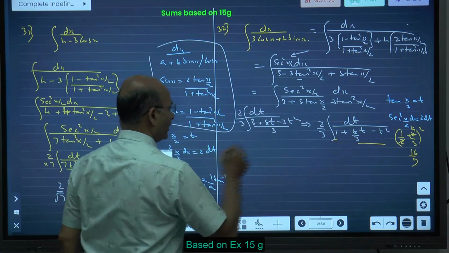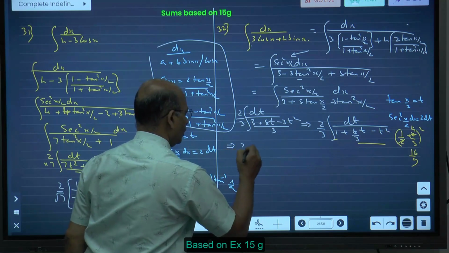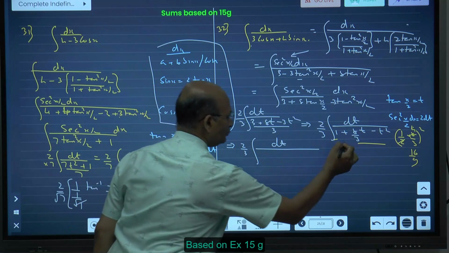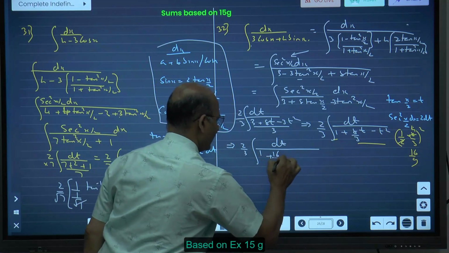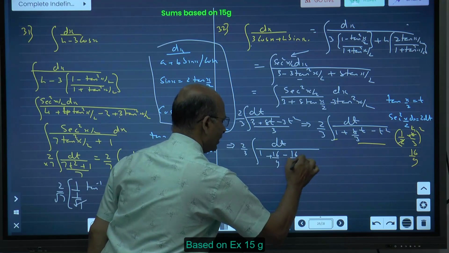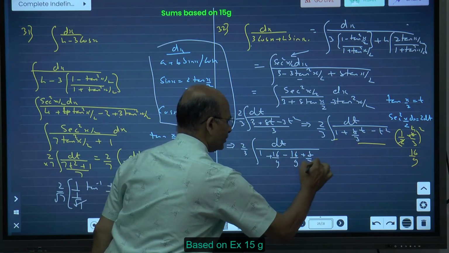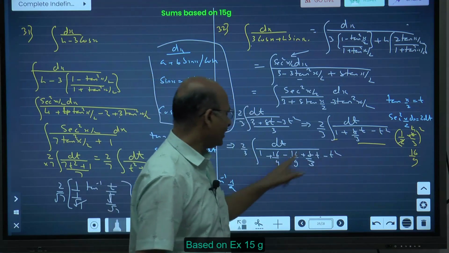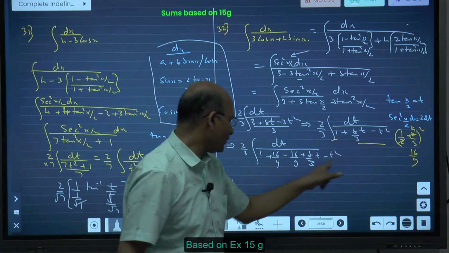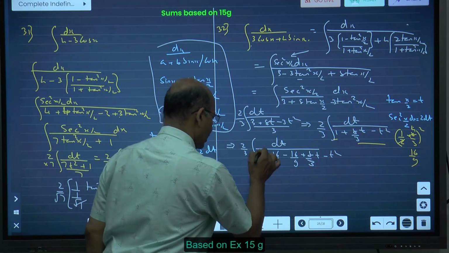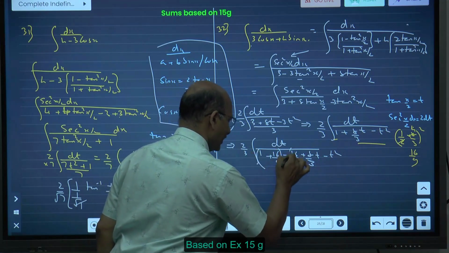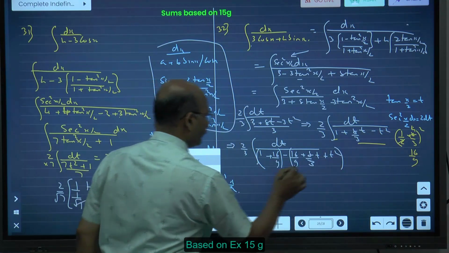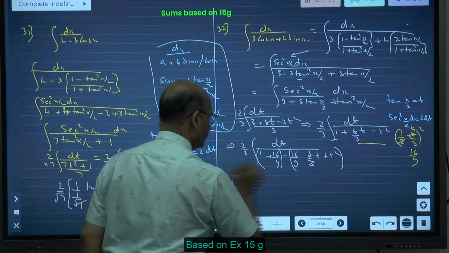So let us see quickly what happens now, which is equal to 2 by 3 dt upon 1 plus 16 by 9 minus 16 by 9 plus 8 by 3t minus t square. Remember what I did: 1 plus 16 by 9, minus 16 by 9, and these two things I copied down here. Now you can pair up, put the minus sign here, this will become plus and this will become minus.